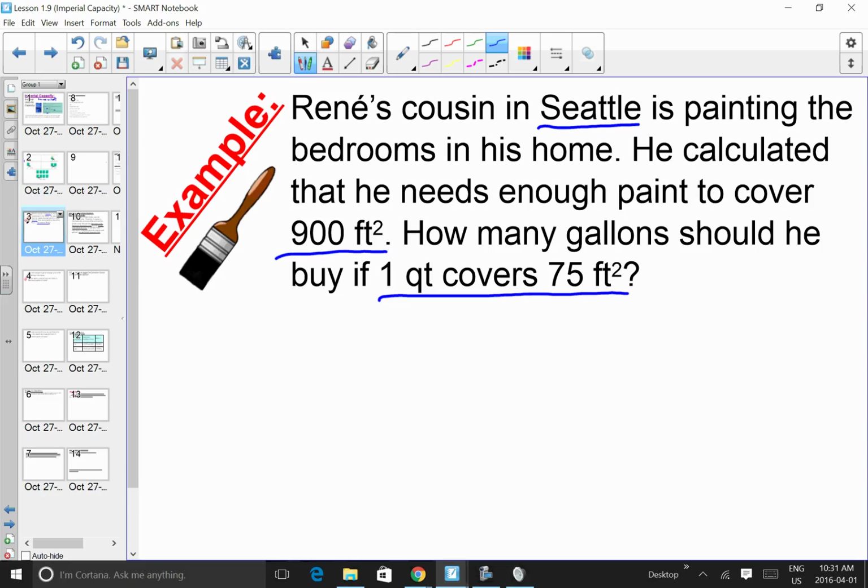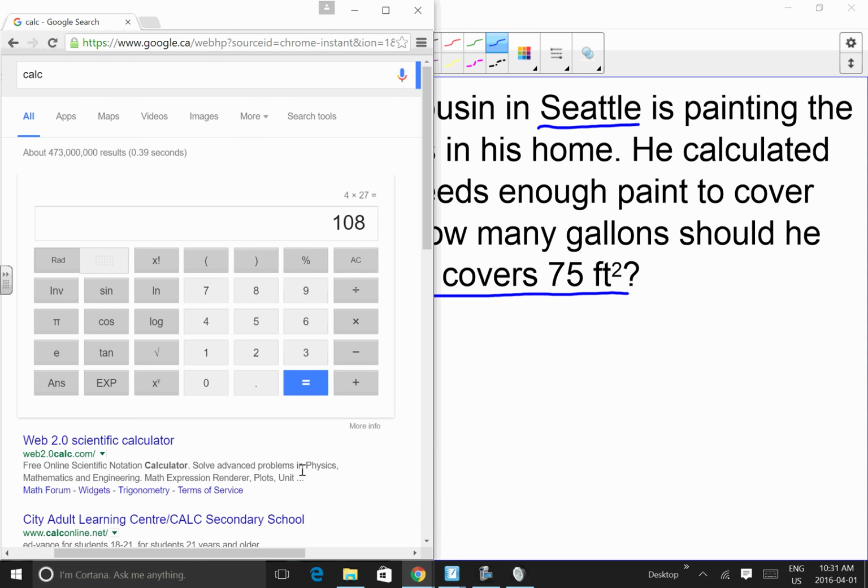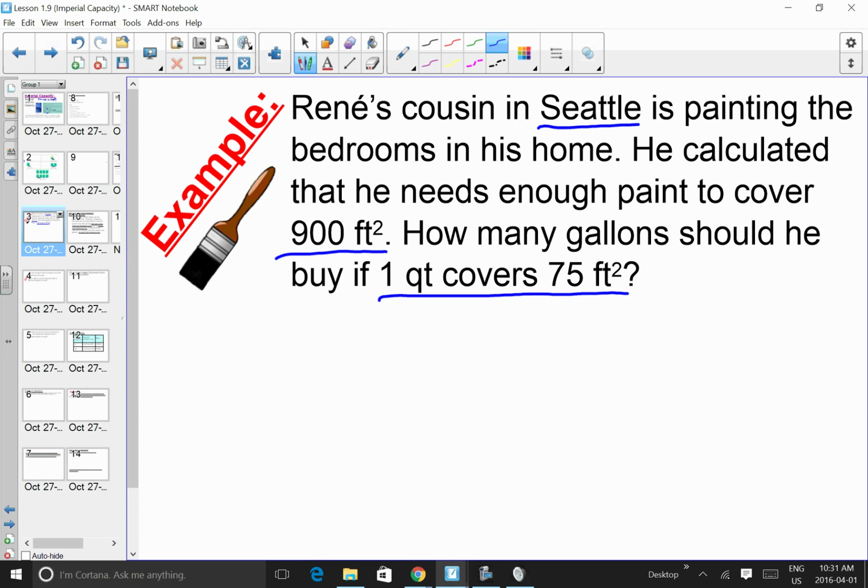So first, let's figure out how many quarts he will need. If he has 900 total square feet to cover, and each quart covers 75, he's going to need 12 quarts. So what I did there is I went 900 divided by 75, and that got me 12 quarts.